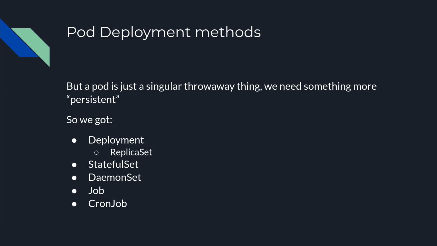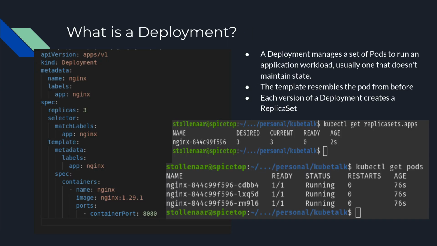So we'll extend it to something more persistent, something that you can iterate on or just reschedule over and over again. And we have this through deployments, stateful sets, daemon sets, jobs, and cron jobs. And what you will notice is between many of these, you'll still have the same pod template over and over again. So start with a deployment.